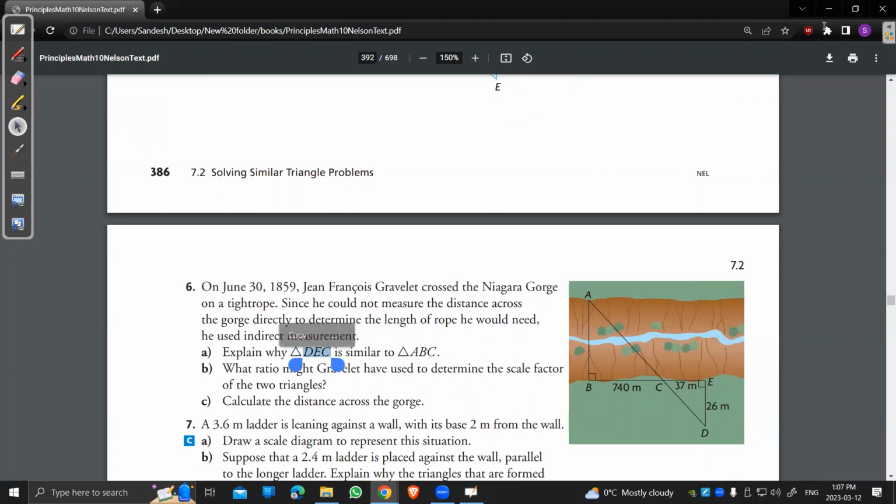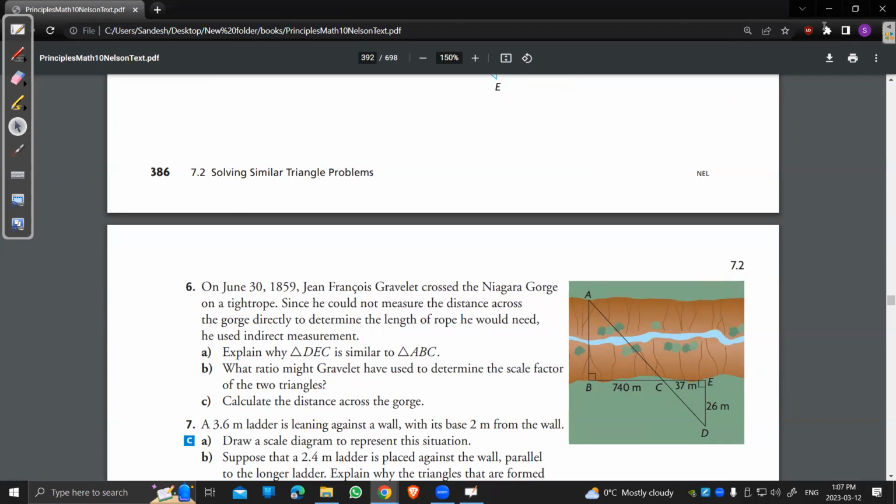Explain why DEC is similar to ABC. How do you know they're similar? They both have two similar angles. Yeah, they both have the right angles there, and at C they have opposite angles which are equal. What ratio might this individual use to determine the scale factor? What over what gives you the scale factor? 740/37.